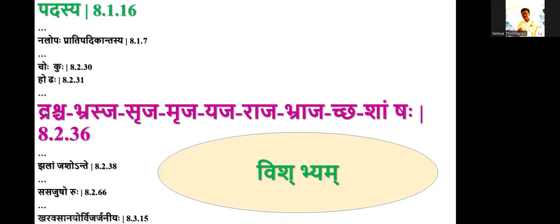So by this sutra, the dhatu rascha brascha sruju mruju yaj raj braj and chakara and shakara, if a pratipadika ends with, if the word which is called as pada ends with shakara, or the padantasya shakara, a shakara present at the end of a pada will be converted into shakara.